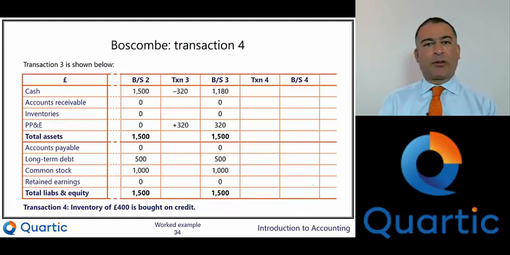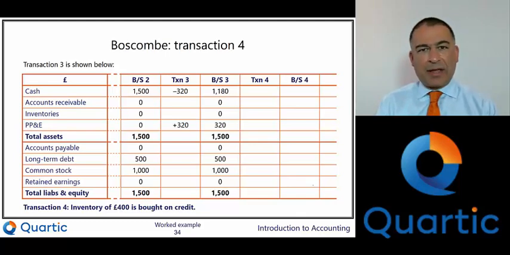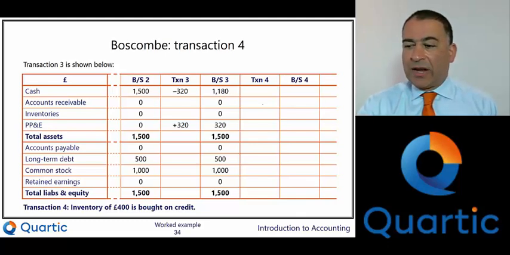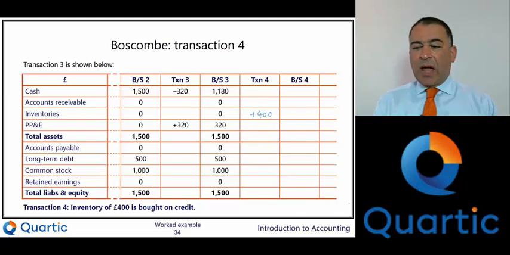Let's have a go at transaction 4. Inventory of £400 is bought on credit. Have a go at that. Now, hopefully, you've realized we're not paying cash for this, so cash is not affected. We're buying inventory, so inventory is going to go up by 400. We've bought it on credit, so we haven't yet paid for it.